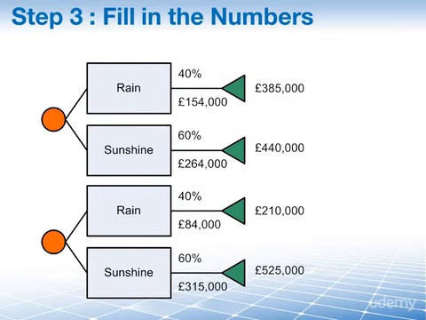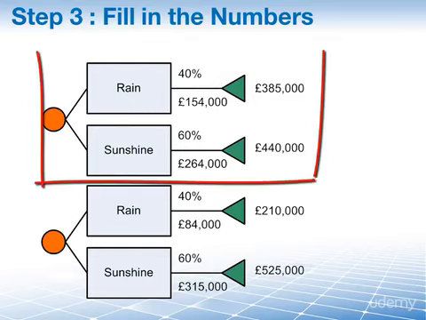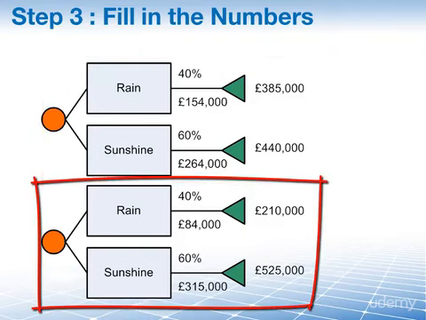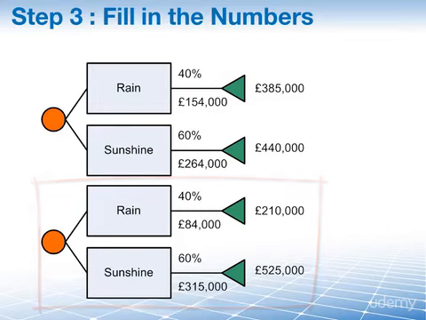Now remember, the top 2 boxes, rain and sunshine, those are the ones that are connected to our indoor tournament, and the 2 rain and sunshine boxes at the bottom, those are the ones that are connected to our outdoor tournament.